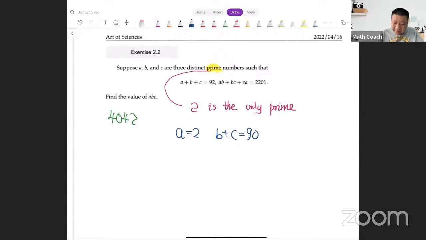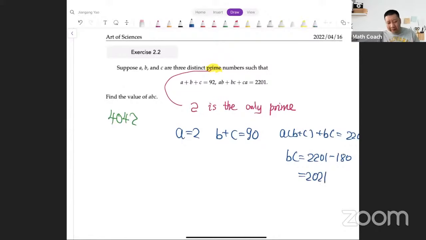And you put in B plus C is 90, you could get BC, right? Because A times B plus C, and plus BC, is 2,201. So this would be 180. So BC would be just 2,201 minus 180, and you get 2021, right? So you just double it. You don't really need to get the actual value of each prime, then that should be fine.